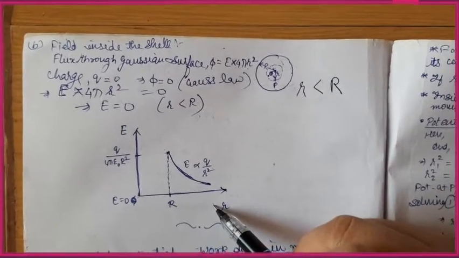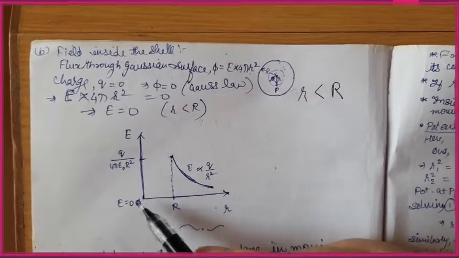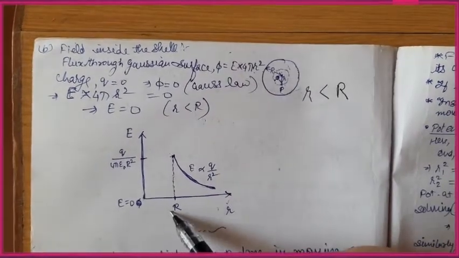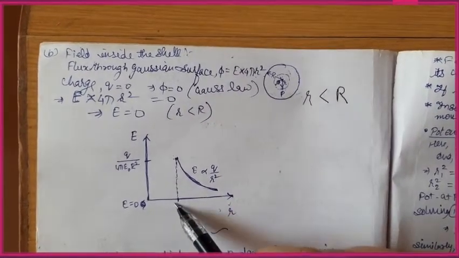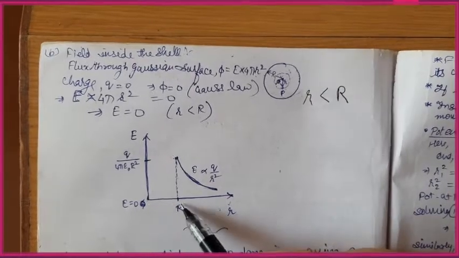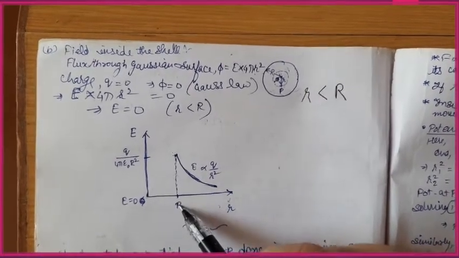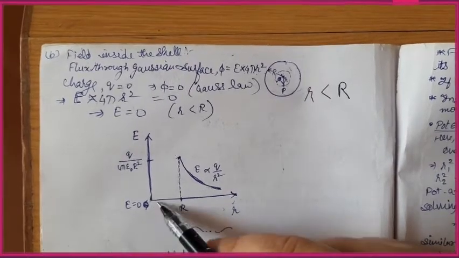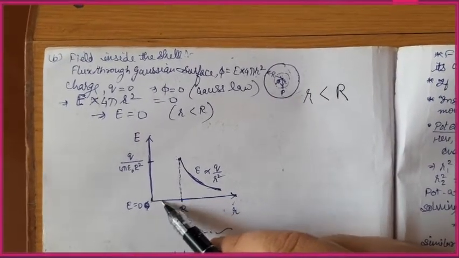And this graph also shows the two results combined. This is a graph between electric field and radius of spherical shell. For radii less than the radius of the spherical shell, that means inside the spherical shell, electric field is 0.